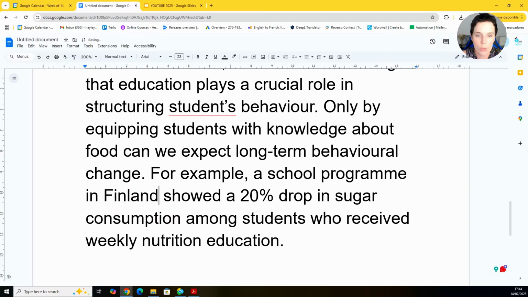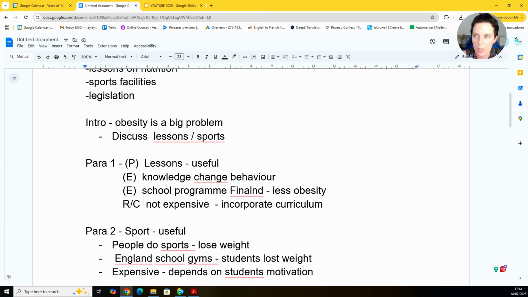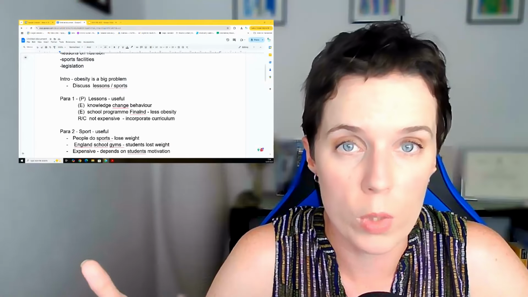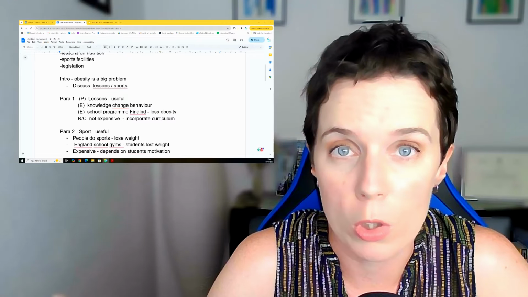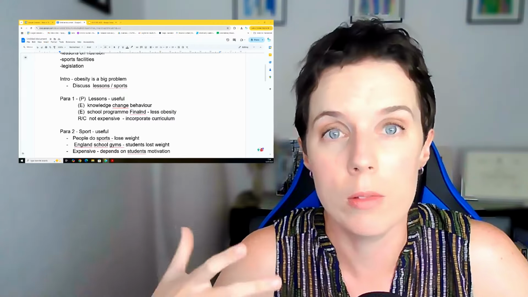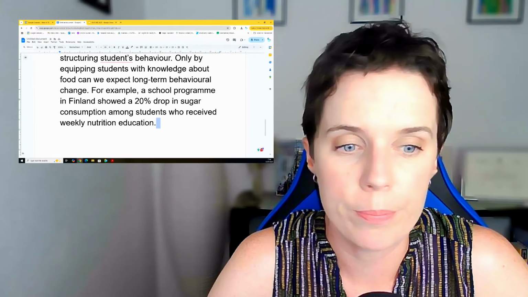So our point is now supported, and then what else did our plan say? So you can either reiterate or contrast, so I'm going to say also, like, in addition, it's not expensive to do this because you can just do it in school anyway. You can incorporate it into a curriculum, so that makes it even better. Okay, so let's write that there.